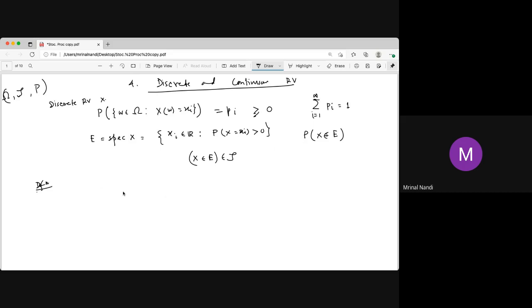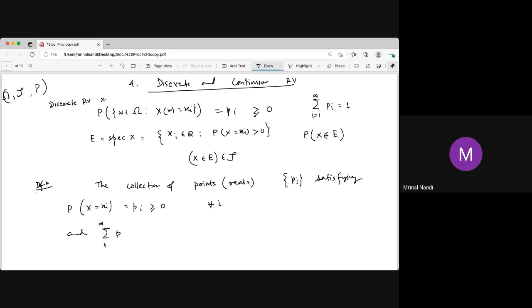We have some collection of points, real numbers, the pi's, satisfying that the probability of X equal to xi is pi greater than or equal to 0 for all i, and the sum over pi from i equal to 1 to infinity is 1.